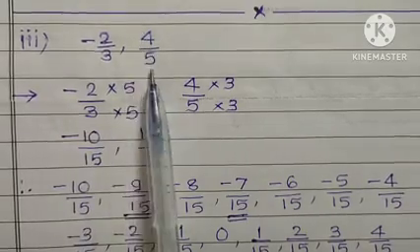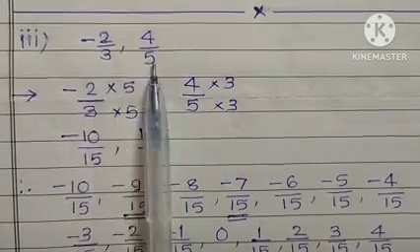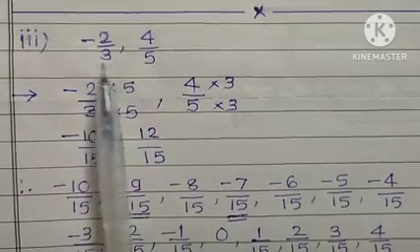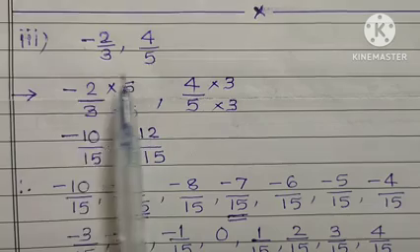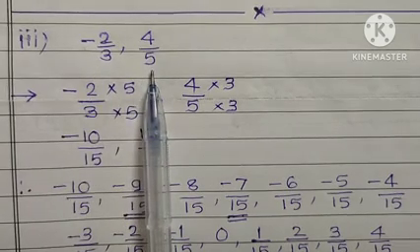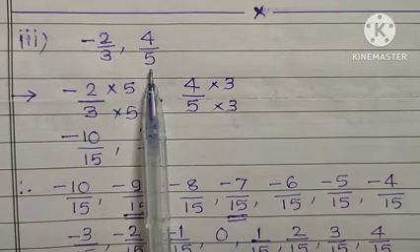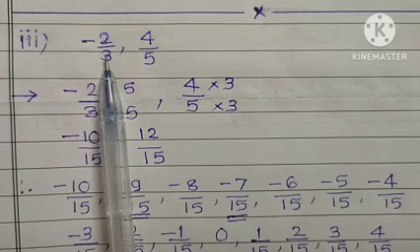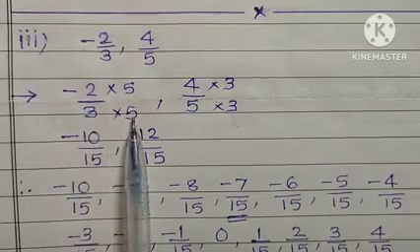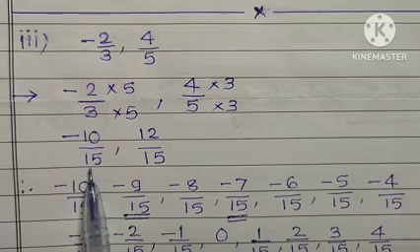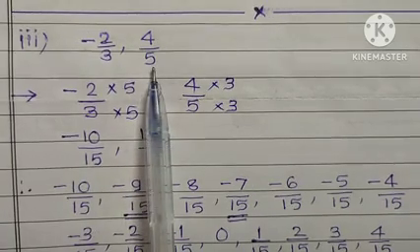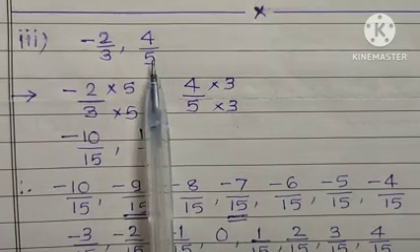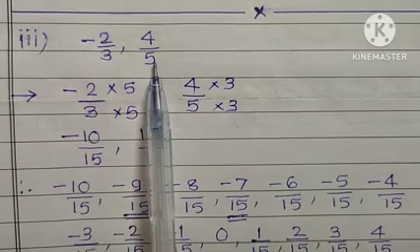Minus 2 by 3, 4 by 5. Again, you want the denominators similar. Here is 3, here is 5. That means different, not similar. So make them similar. Now if you multiply this denominator by 5, then 3 into 5 will become 15. Similarly, if you multiply the other denominator by 3, you will get 15 again.